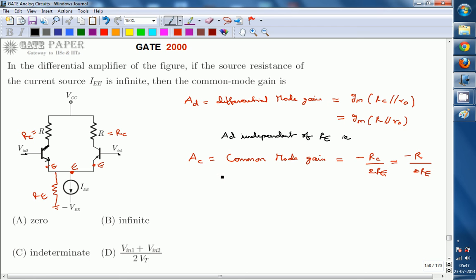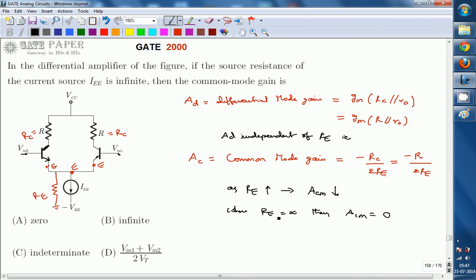Next, AC is a function of RE. AC is inversely proportional to RE, so as RE increases, the common mode gain reduces. When RE is equal to infinity, ACM becomes 0. So the common mode gain becomes 0 whenever the emitter resistance is infinite.